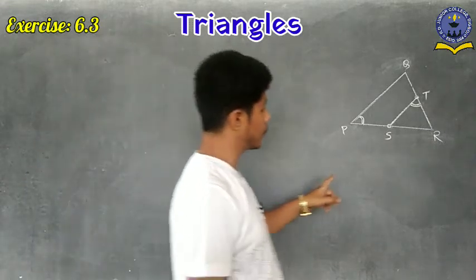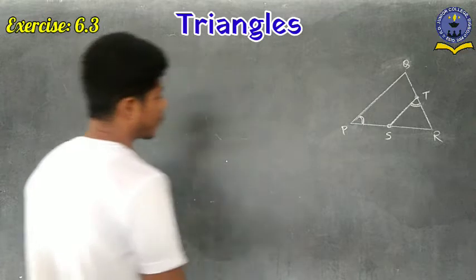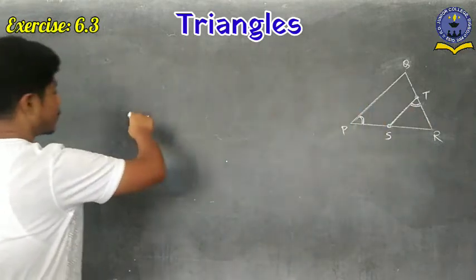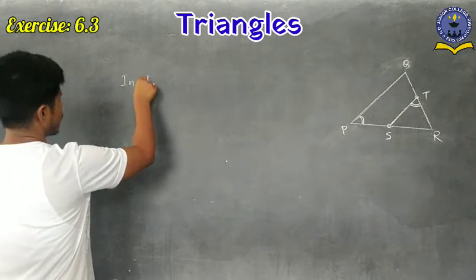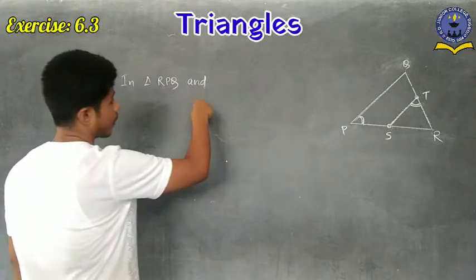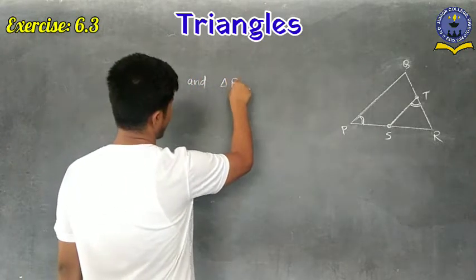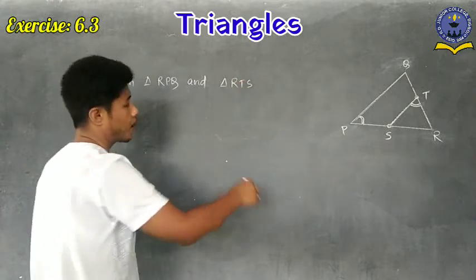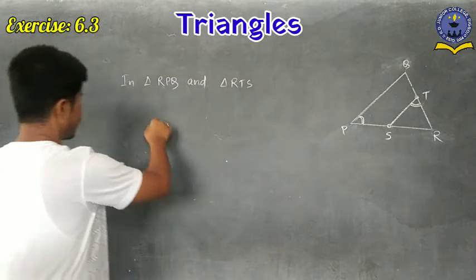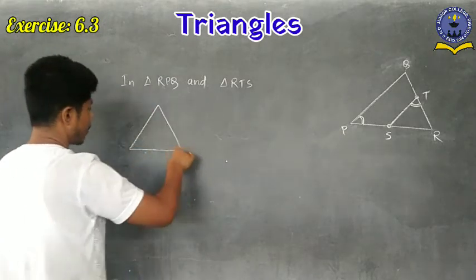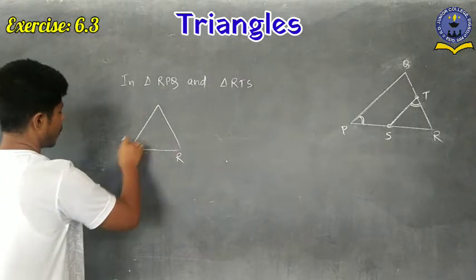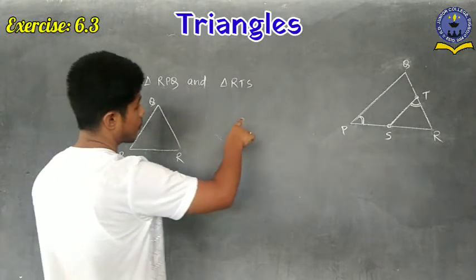Because we need to prove RPQ and RTS are similar, first of all we have to write: in triangle RPQ and triangle RTS. Now let's see RPQ. That means this one we have to consider. So if I draw the first triangle separately, this one is RPQ, and another one is RTS.